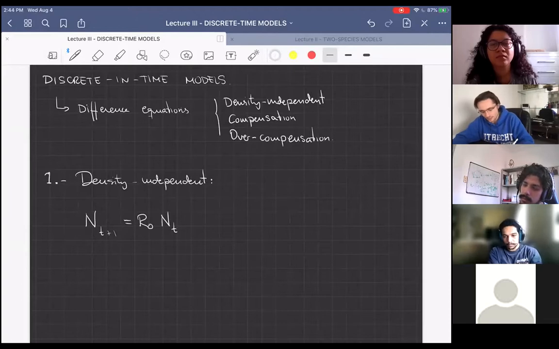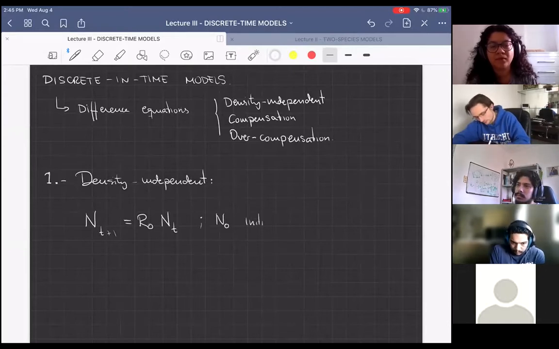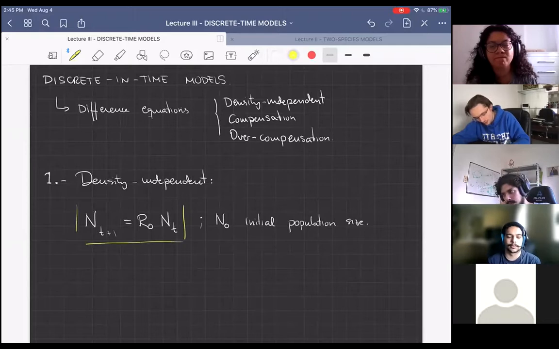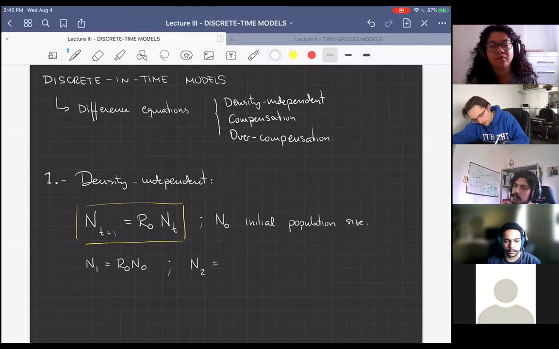For instance, we can say that if we start with some n0 individuals, this is the initial population size, then I just come to my difference equation, to my iteration rule, and I say, okay, so now n1 is going to be R0 n0. n2 is going to be R0 n1, or in other words, R0 times R0 times n0.